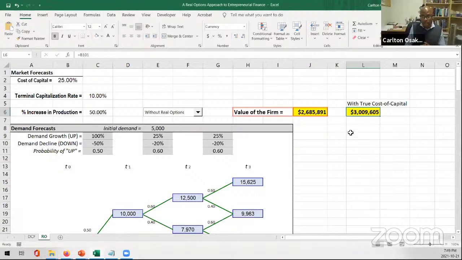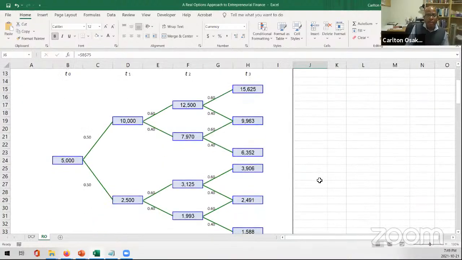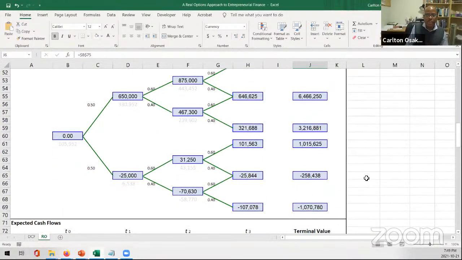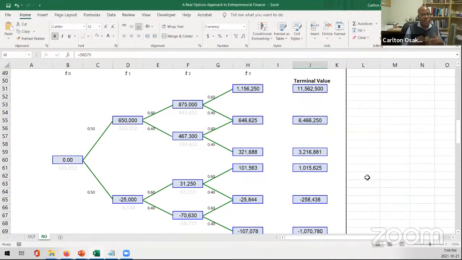But more importantly, we can see that under certain scenarios, the firm should exercise its options. One easy option it should exercise is the option to abandon.